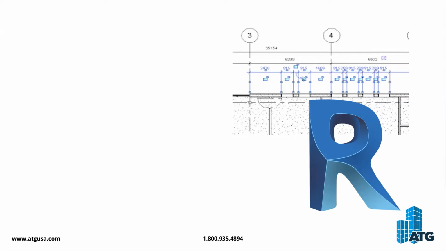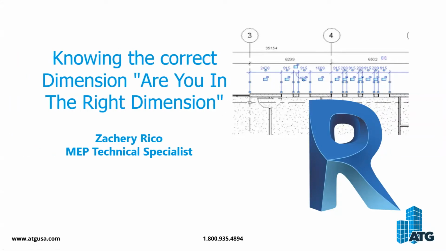So let's go ahead and get into our biggest topic that we're going to talk about right now, and that's going to deal with dimensions and making sure that we can check that they're accurate. A lot of people don't realize that when we go into any Revit drawing, there can be inconsistent dimensions.